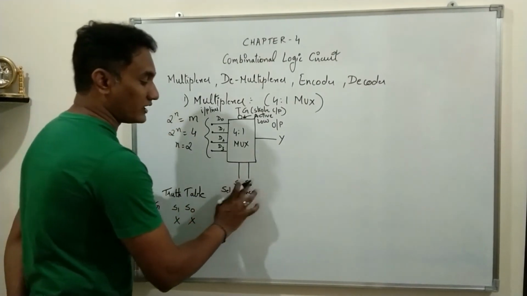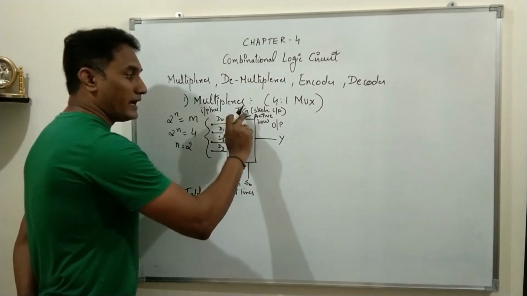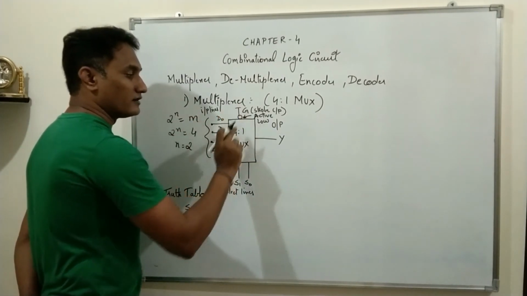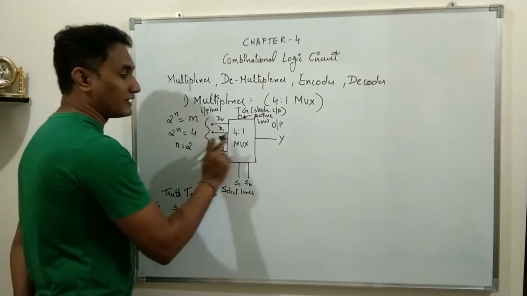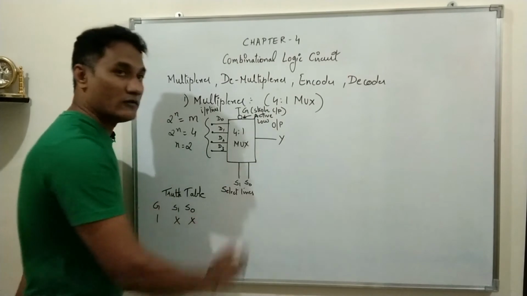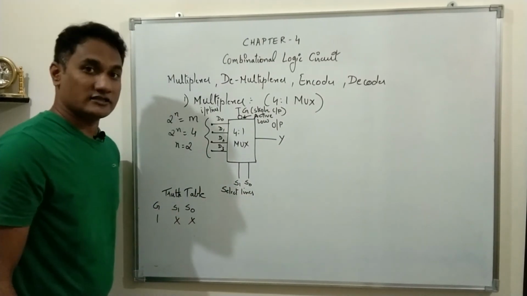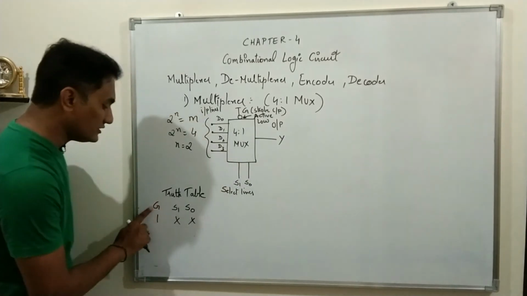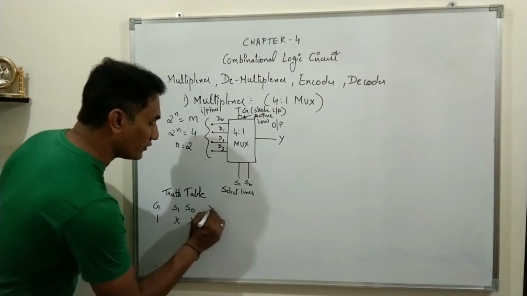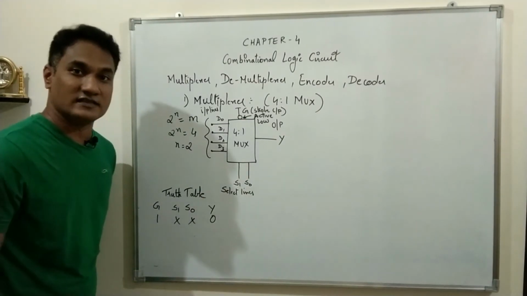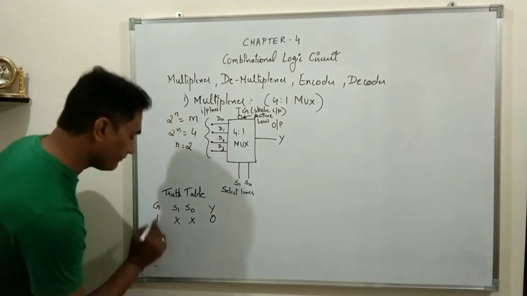When G is 1, the chip is disabled, which means no data will be transferred to output Y. Output Y will always be 0 irrespective of the condition at S1 and S0. We will understand this better when we look at the logic circuit.